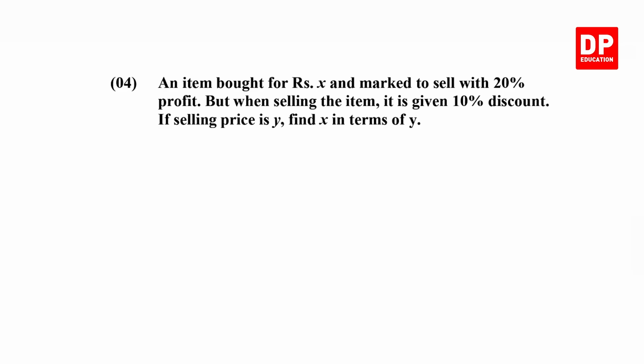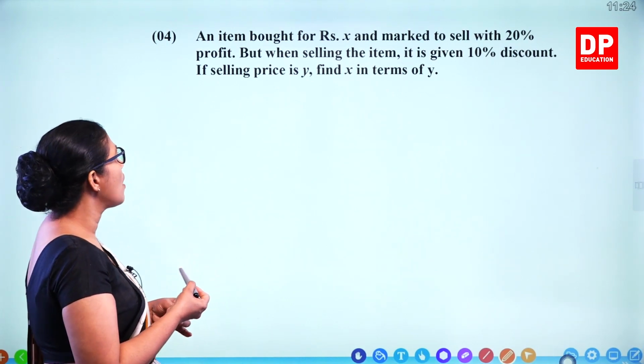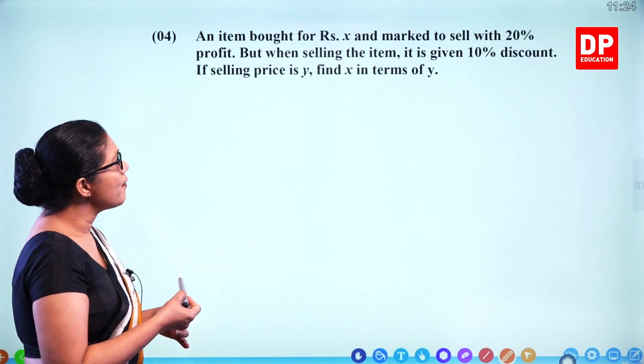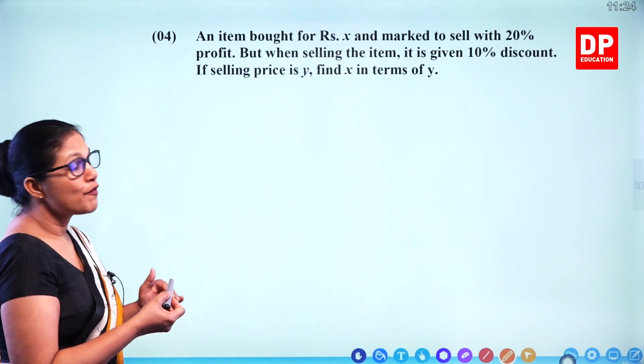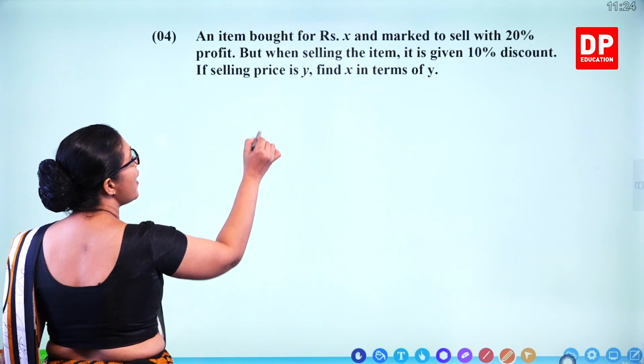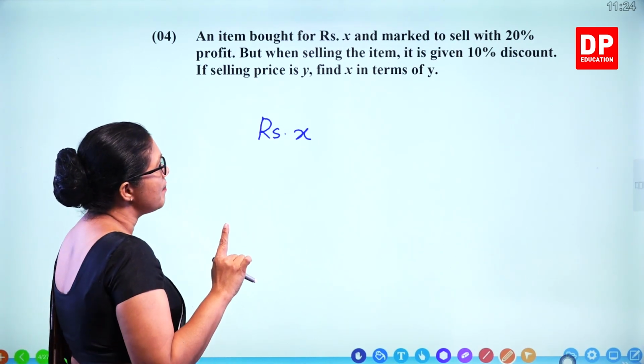Question number 4. An item bought for X rupees and marked to sell with 20% profit. But when selling the item, it is given 10% discount. If the selling price is Y, find X in terms of Y. An item bought for X rupees is one item.